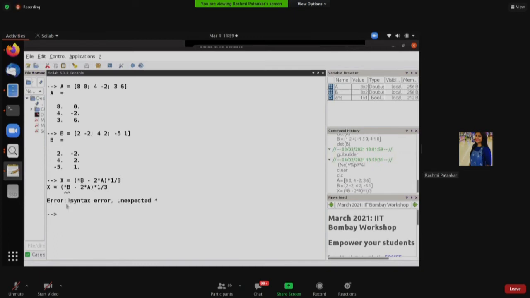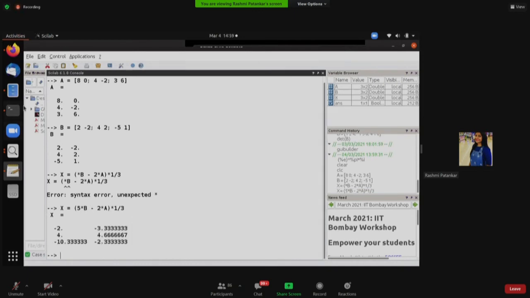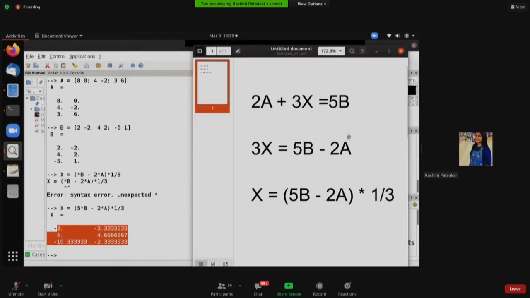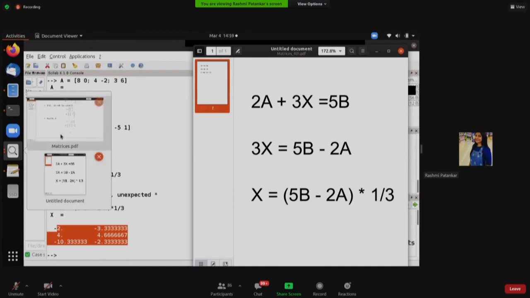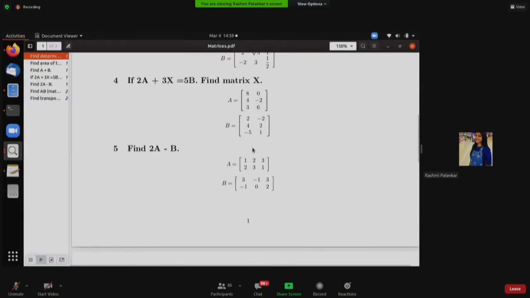I put this multiplication sign over here. Now if I press enter, this is the value of matrix X. So this is how we can solve the questions, and this way you can solve the remaining questions also that have been given in this particular PDF.